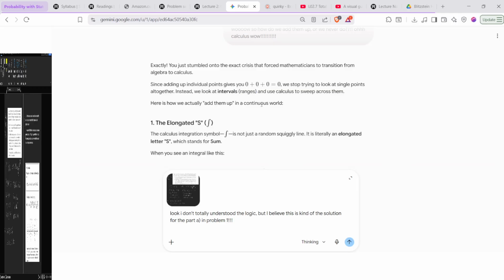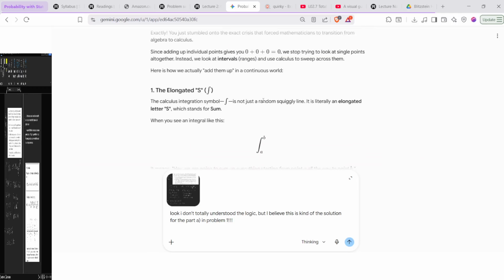Ranges. Just swipe across them. It's not just a squiggly line, it is literally an elongated letter.